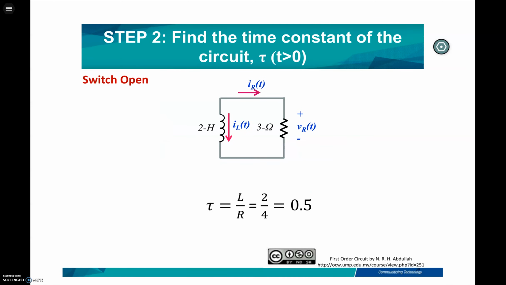In the next step, you need to find the time constant of the circuit, which is tau. This is the condition when t is more than 0 and the switch is an open circuit. You can see that the circuit only consists of L and R. Substitute the values of R and L into the tau equation here. Tau is equal to L over R, so 2 over 4, and the total will be 0.5 seconds.